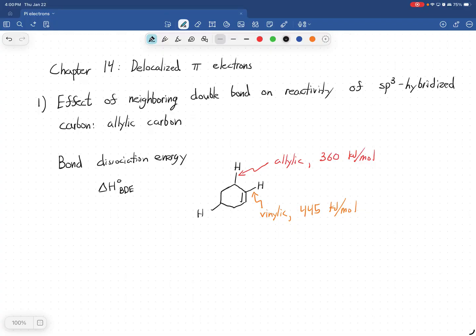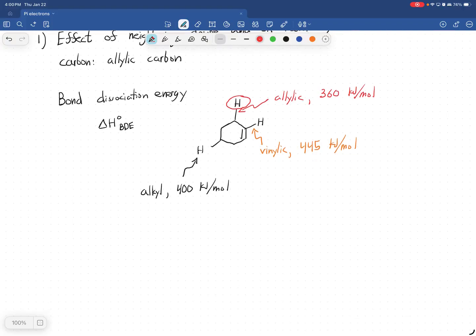And then an alkyl hydrogen is 400 kilojoules per mole. So not as strong as a vinylic one, but still stronger than an allylic position. There's something special about this hydrogen that makes it particularly reactive.